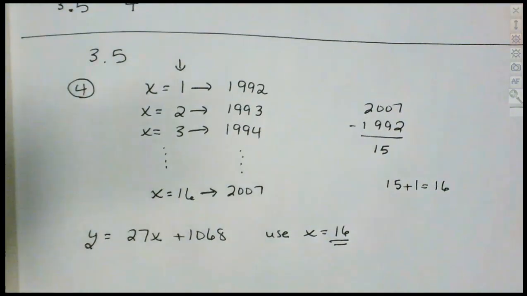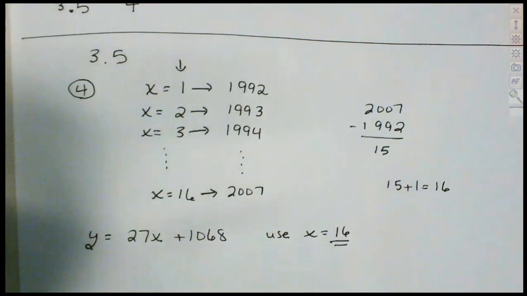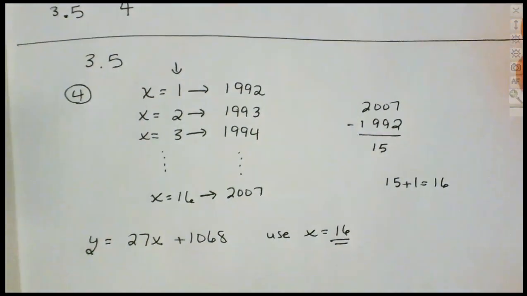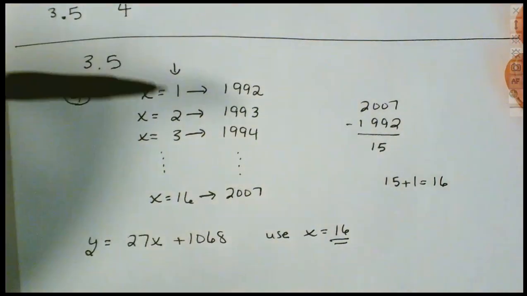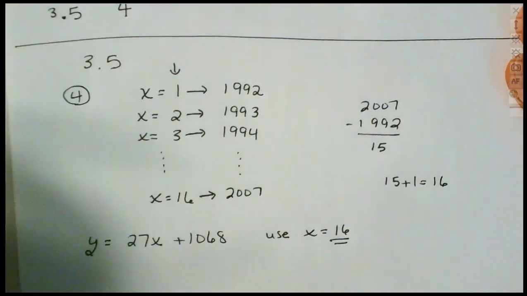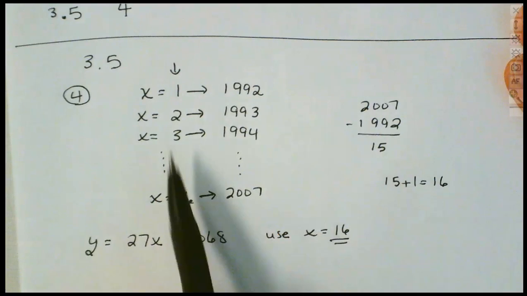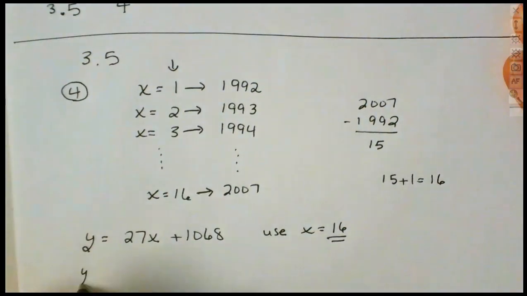A lot of times in statistics, you don't use a year, you use a smaller number to represent that year. It just makes it easier for calculations. So 1 is 1992, 2 is 1993, 3 is 1994, and so on. So we found we want a difference of 15. We add 1 because we started at 1. That gave us 16. Now we can plug in that 16.